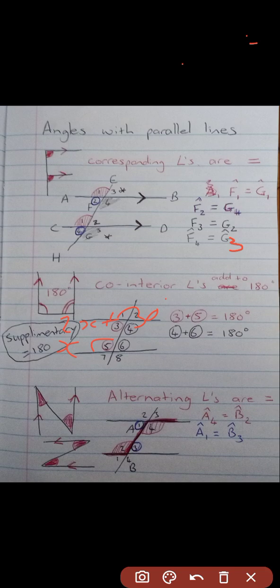Now they ask me to work out the value of x. So we're writing an equation. Whenever you need to work out something you don't know, you need an equation. The first one, that angle 3 there, is 2x plus 30. And then we have to say plus the one I numbered 5, which is x.